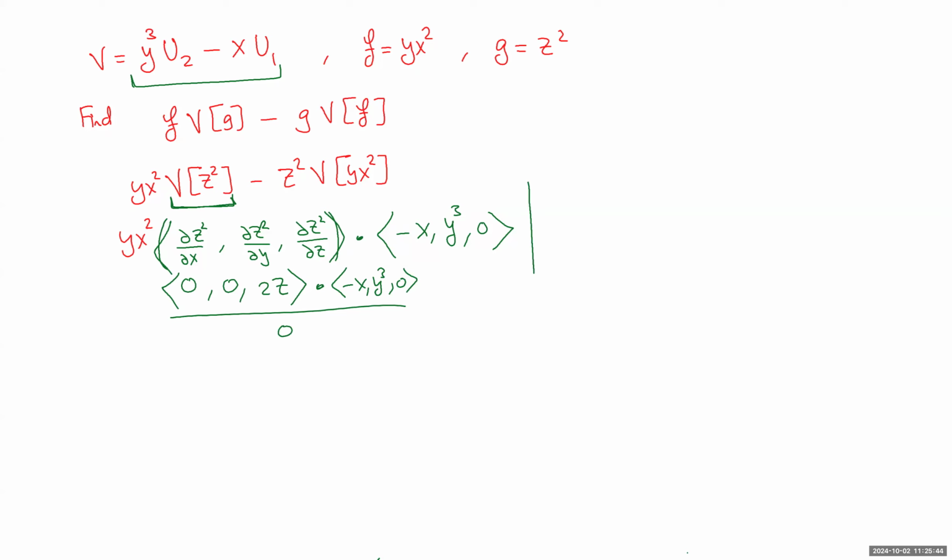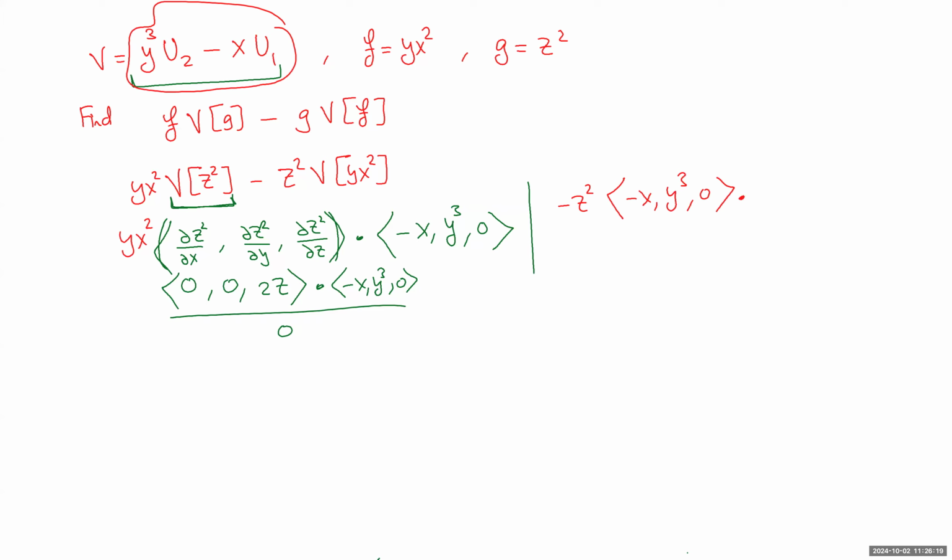I'm still learning, so it takes me a while to figure it out. Negative z squared. Now, what we will do here, I will not use the product rule for sure for this one. So v again, I will just write it like this: negative x, y cubed, 0.